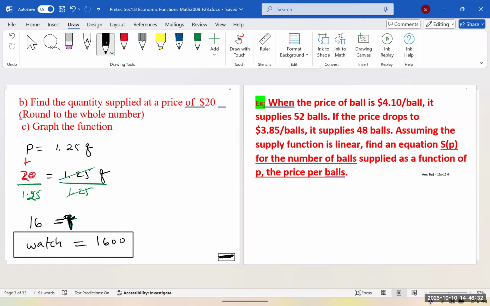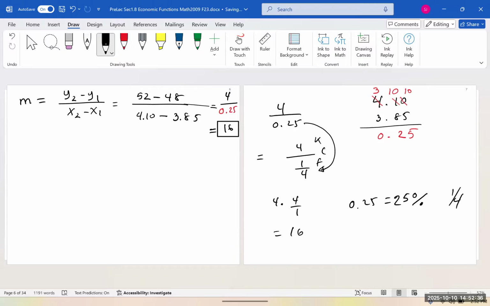So you do keep, change, flip. So 4 times 4/1, which is 16. So this is actually 16. You don't need a calculator. Probably that's why they have it in the non-calculator portion of the exam.